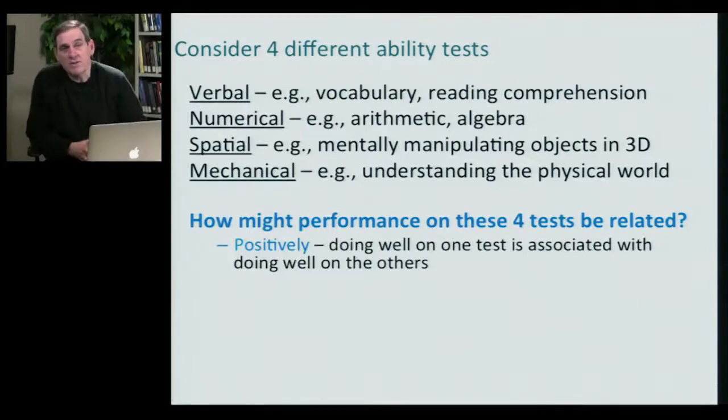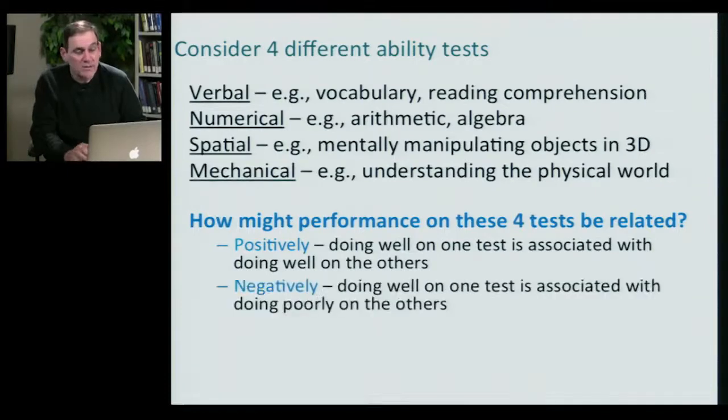They might be positively related. That is, individuals who do well in verbal ability also do well in spatial ability or numerical ability. They're positively correlated. If they're positively correlated, maybe people generally do well across all tests. They're good at these types of things.